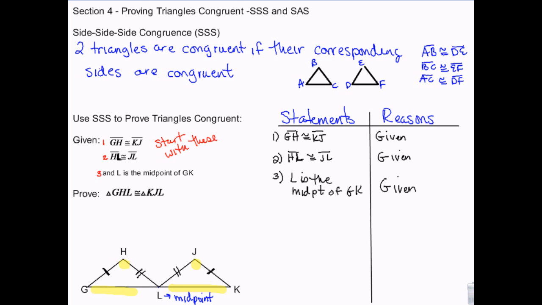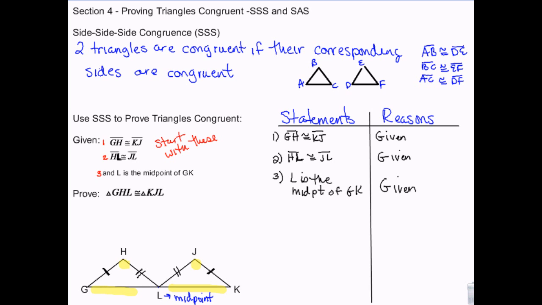The statements I have been given will give me one of those. Can anybody hazard a guess as to what would give me that? No? Okay, let me give you a hint.